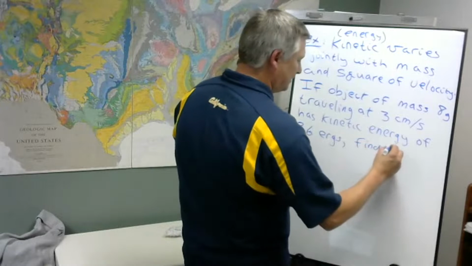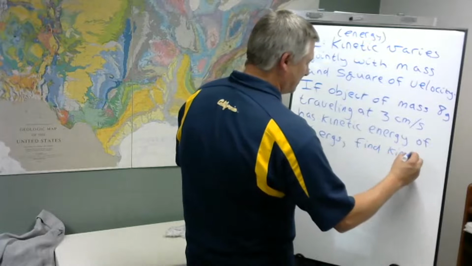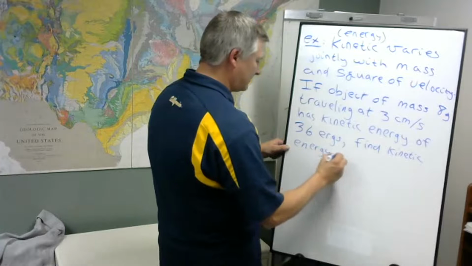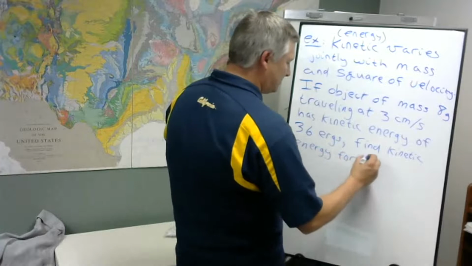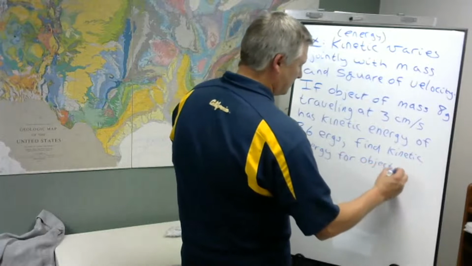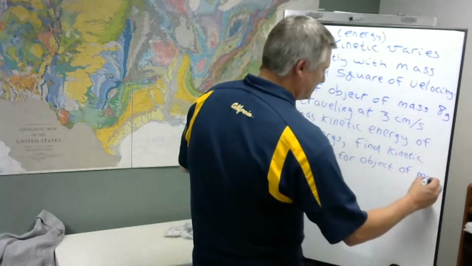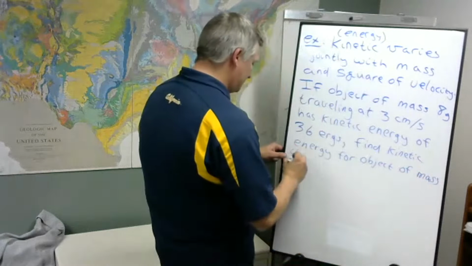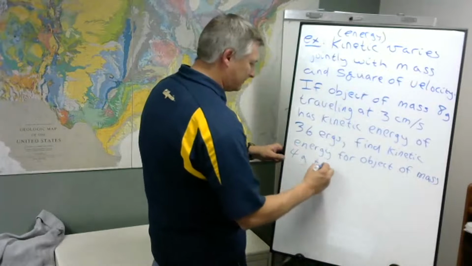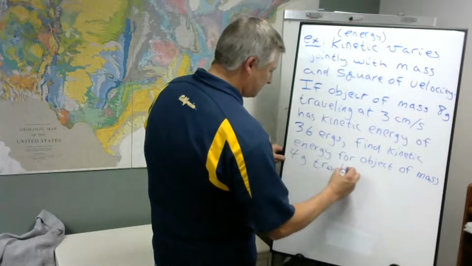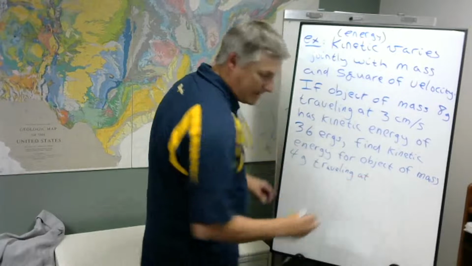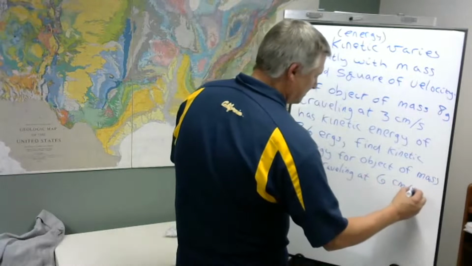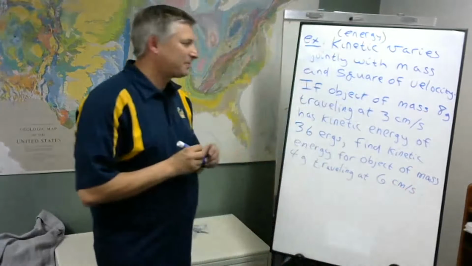Find kinetic energy for an object of mass 4 grams traveling at 6 centimeters per second.